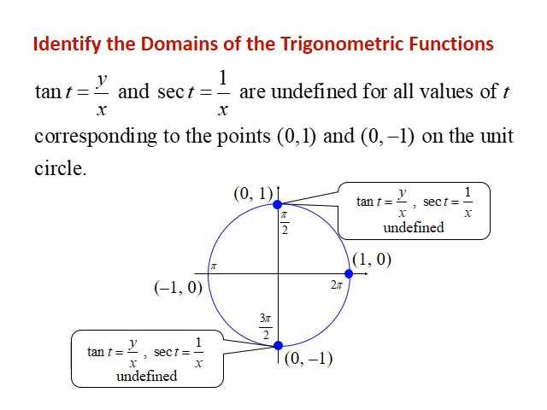Those restrictions will come on the quadrantal angles, which are basically on these. The reason is that if I want to find some of the trig functions, the reciprocal may have 0 in the denominator, or the value itself may have 0 in the denominator, and anytime we divide by 0, the value is undefined.